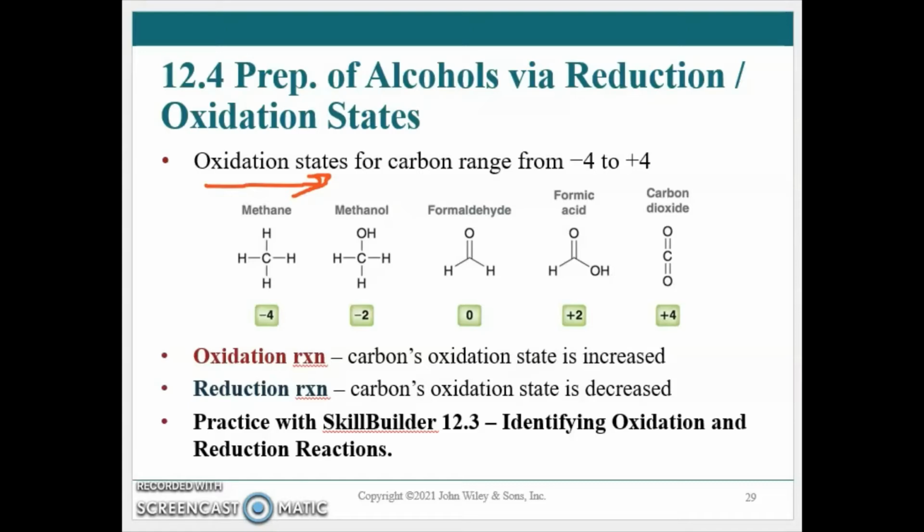In a way, you can think of it as adding oxygen, although that doesn't really hold up. You're adding oxygen to methane, but in the case of methanol to formaldehyde, the number of oxygens isn't changing. Reduction can also be thought of as adding hydrogens, so you're breaking carbon-oxygen bonds and replacing those bonds with carbon-hydrogen bonds.